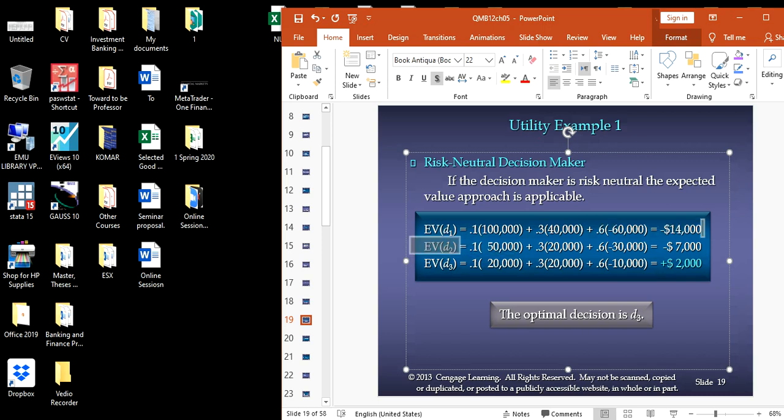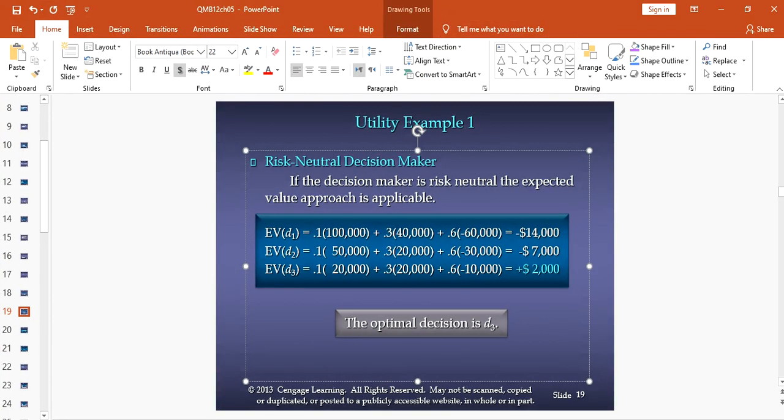This one is the first investment, the first decision: $14,000 expected value minus loss of $7,000. But here is the positive. So the best alternative, the best decision is D3 for the risk neutral guy.